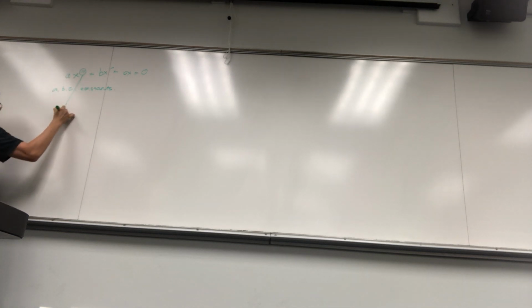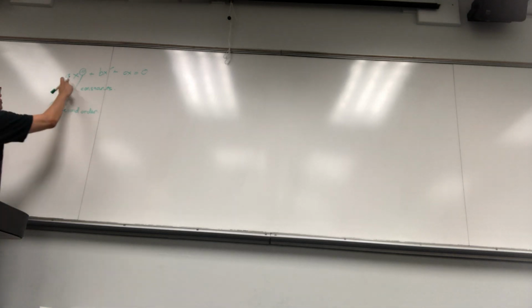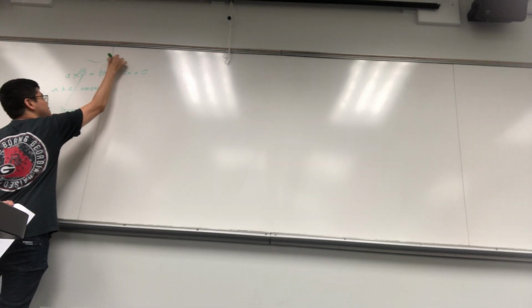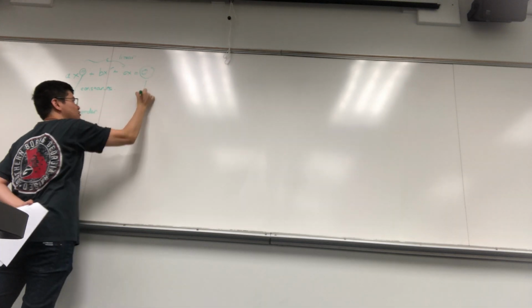This is second order. This is linear because you just multiply the derivative with something. This is homogeneous.